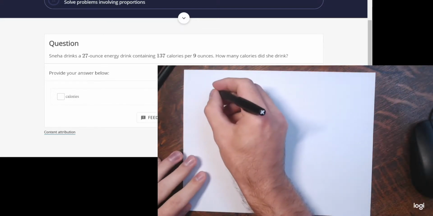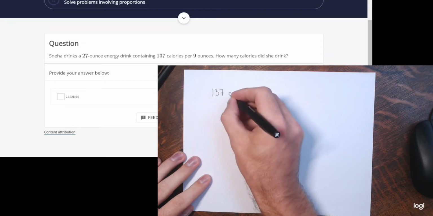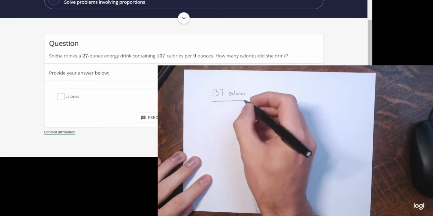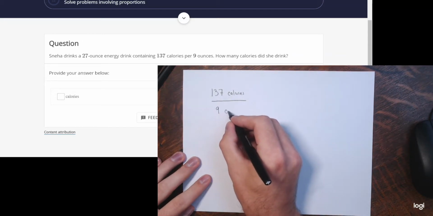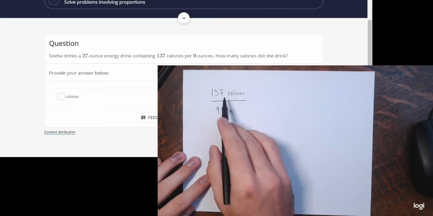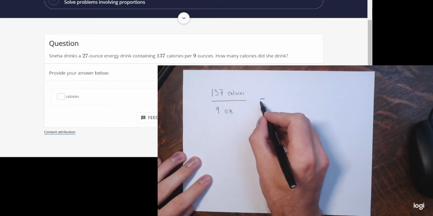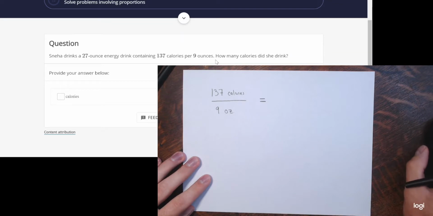We have this ratio of 137 calories per every 9 ounces, and I'll put OZ for ounces. So this is the ratio of calories to ounces in this energy drink. And this should be equivalent to the size of the energy drink, this same kind of energy drink that Sneha is drinking.